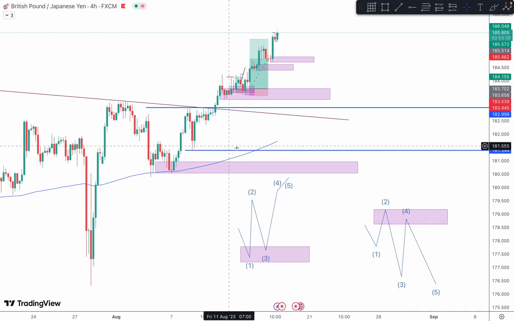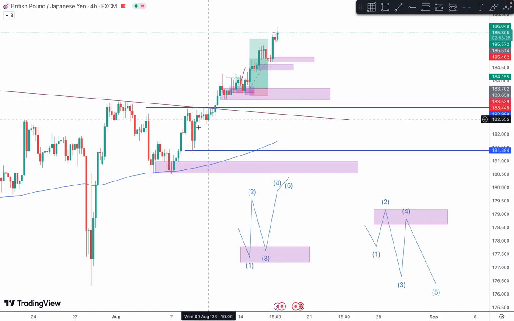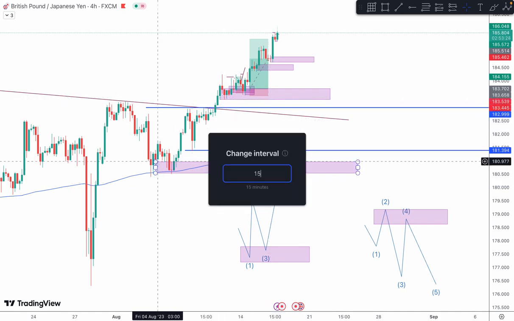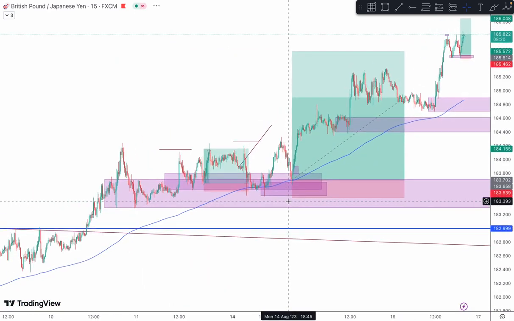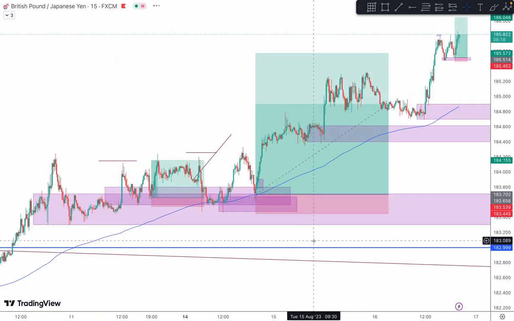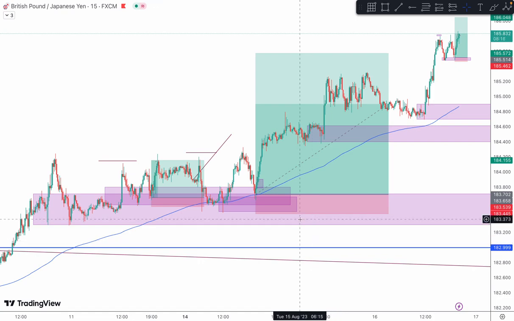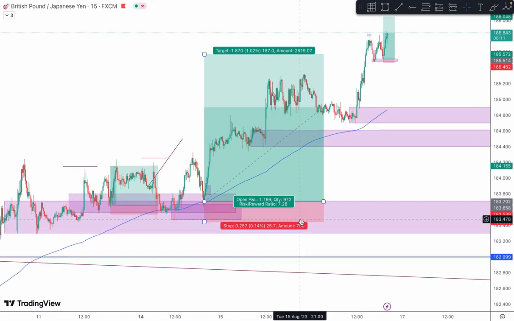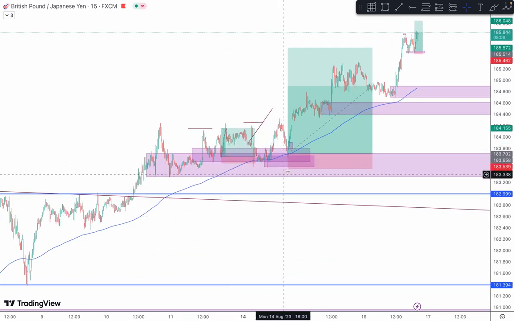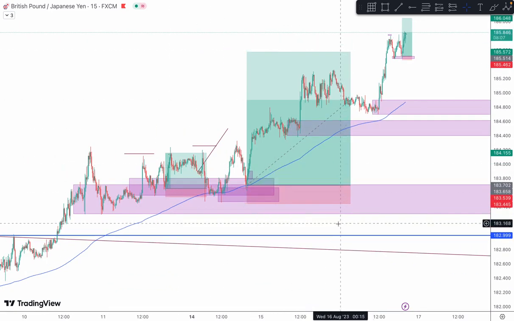For example, I've plotted this on 4 hour, then I move to 15 minutes, 5 minutes, or 3 minutes, doesn't matter. I'm still not suggesting you guys move to 1 minute because it's a bit more messy, and it will take a bit more time to adapt to it. Look, break of structure, respected the zone, market went up.